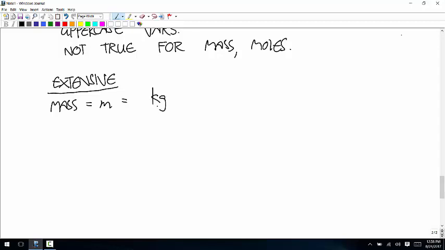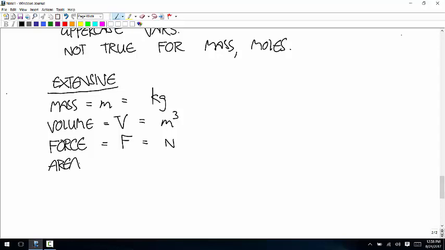Mass M, volume, force, area, moles, and then some common intensive properties.